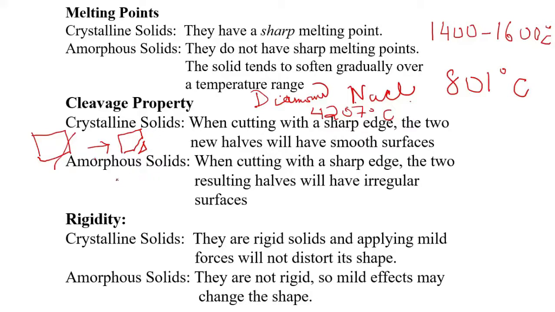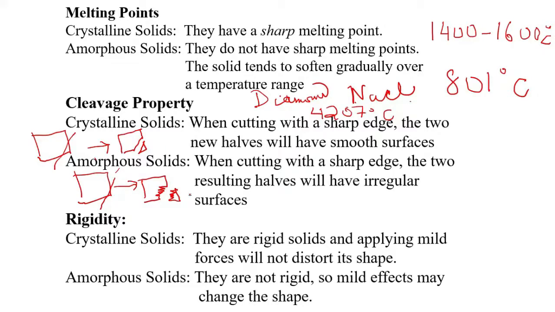Along the amorphous solid, if you cut it, they will produce very irregular surfaces, as atoms are not arranged in a regular manner.